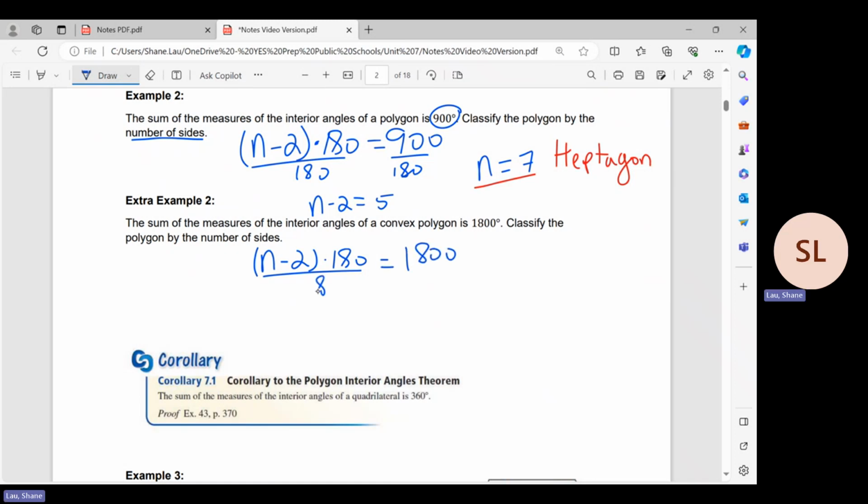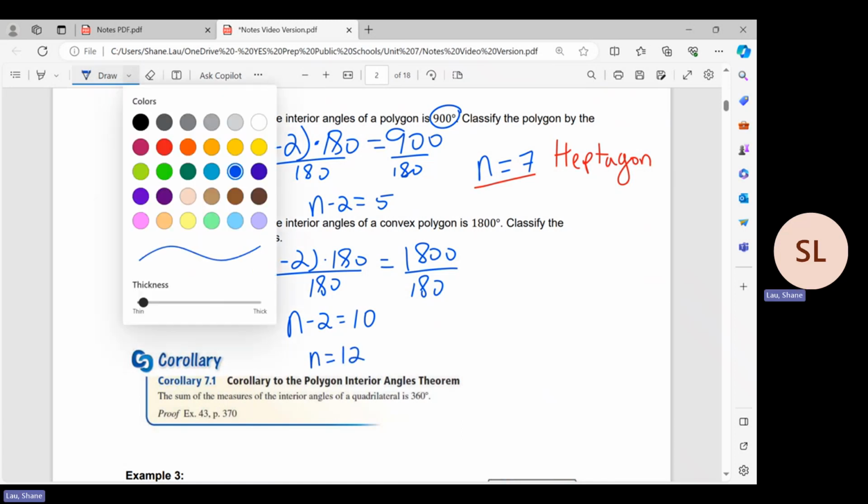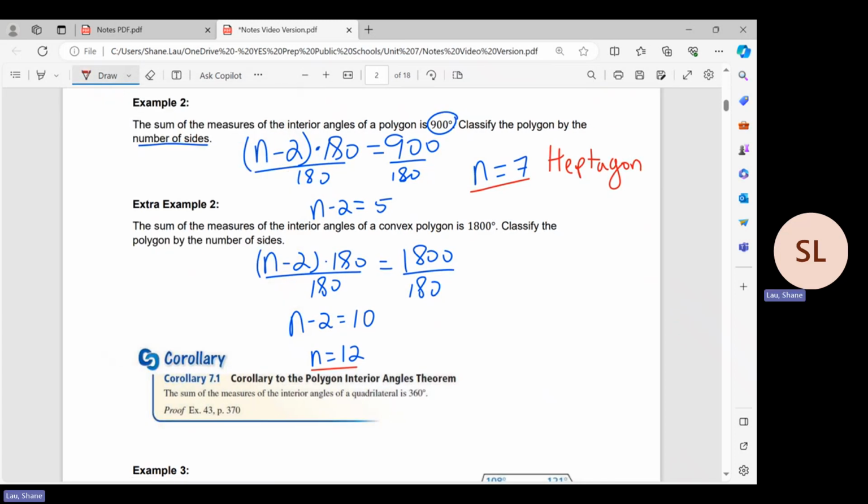Divide by 180 on both sides, we get n minus 2 equals 10. Plus 2 on both sides, n equals 12. And this figure is what we call a dodecagon. Very fun. Dodecagon.